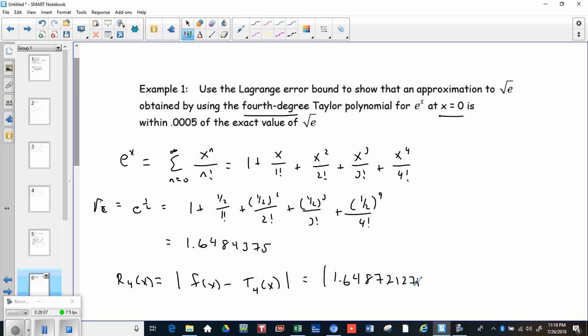You may not have that many decimal places in your calculator, it just depends on your calculator, but this will be close enough.